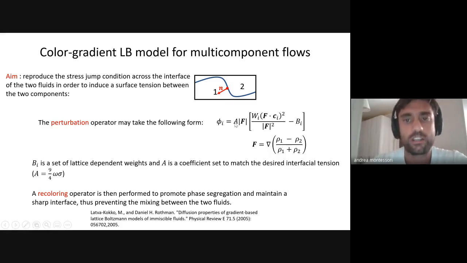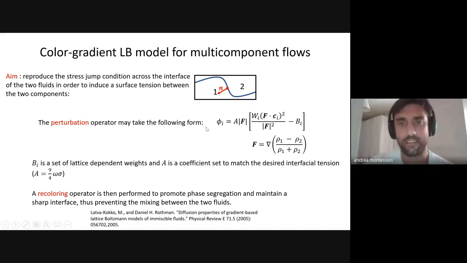It is also proportional to A. A is the coefficient which is employed to tune the surface tension of the model. The relation between A and the surface tension is reported here. So A is directly proportional to the surface tension. So once you choose the surface tension of the model, then you fix A, and there you go.